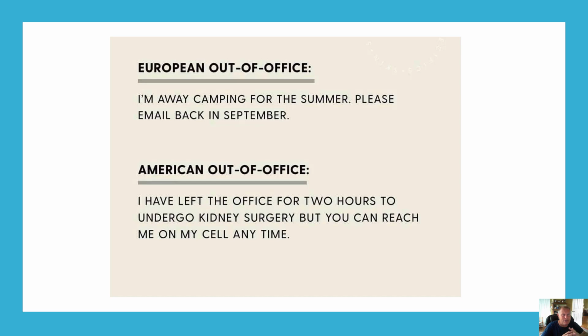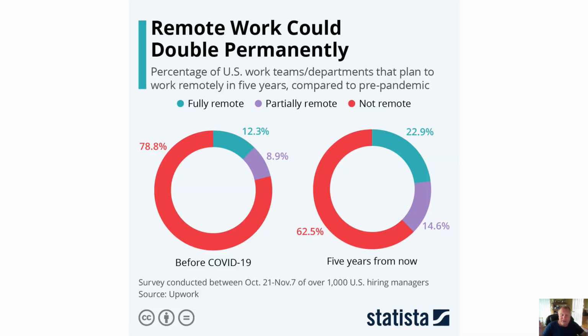What I want to do now is talk about some of the things that are happening on a very general sense that I think is important for us to understand what's going on because of the implications on how a company is managed, which has the impact on its financial affairs. This is an interesting one: remote work could double permanently.